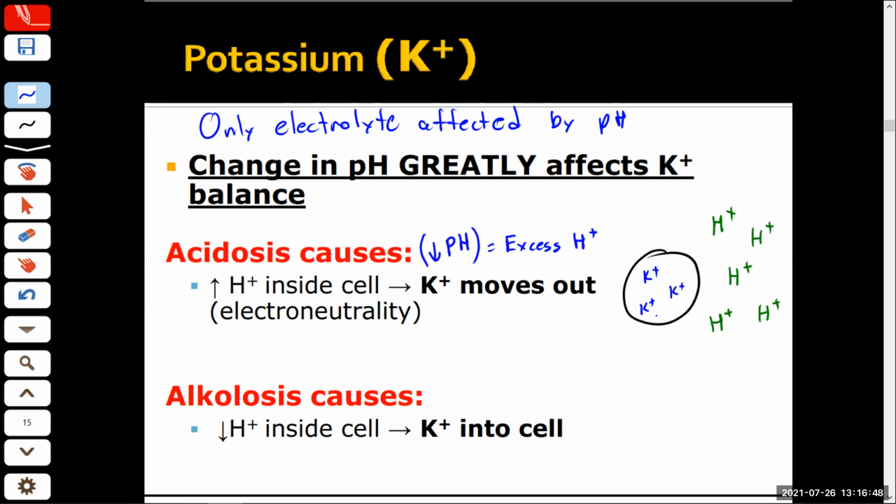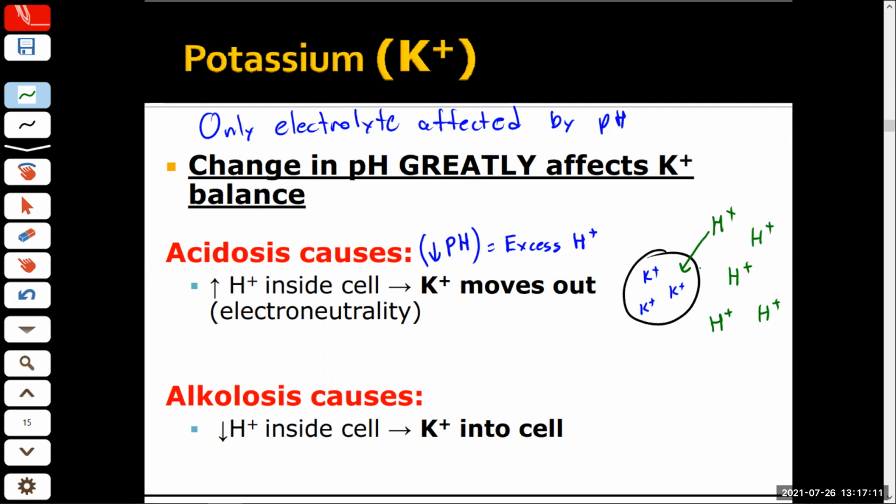Now in this acidic state, this is going to cause damage to your tissues. You're going to start digesting yourself from the inside out. That's not good. What the body wants to do is try to prevent that. So we're going to bring hydrogen into the cell. We're going to start storing hydrogen inside of the cell. So less of it's in the blood.